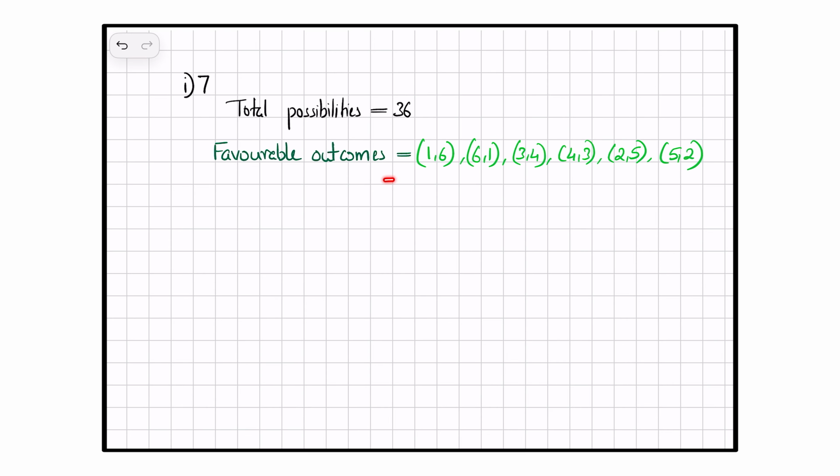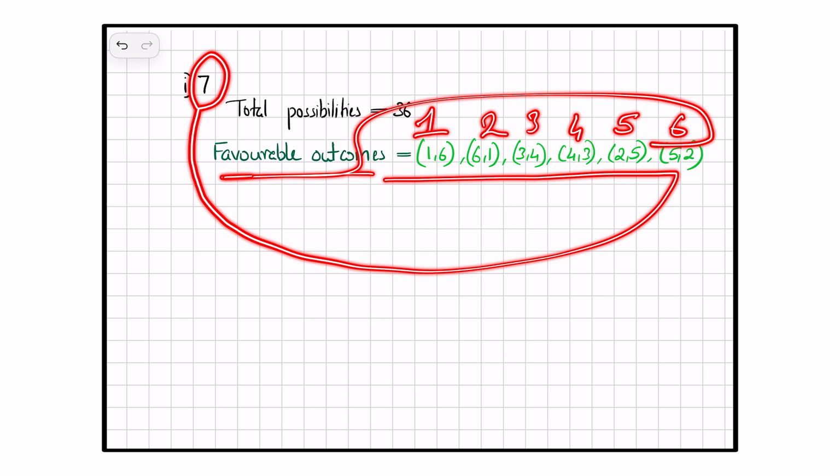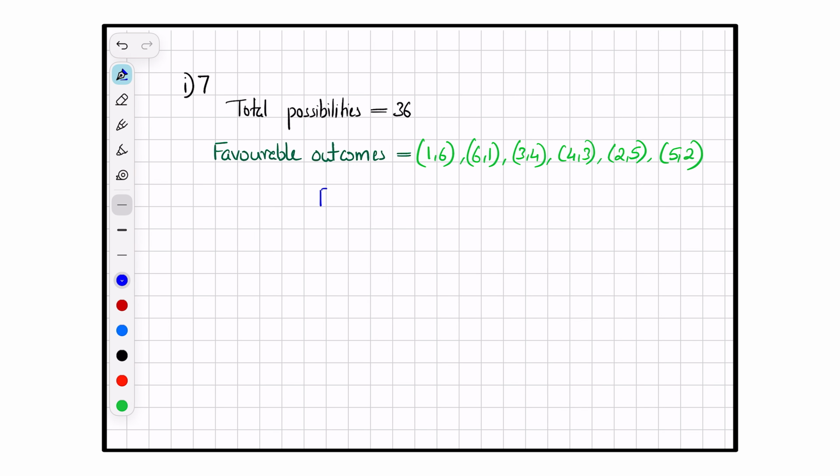So these are the possibilities in which the sum of the numbers on the two dice will be 7. So we have 6 favorable outcomes. Therefore the probability will be 6 by 36 equal to 1 by 6.